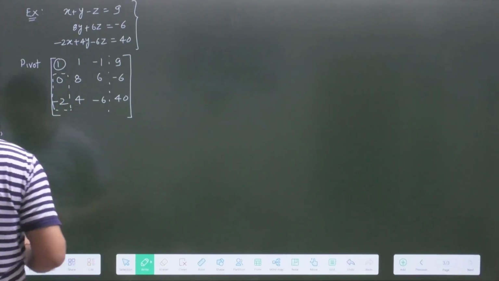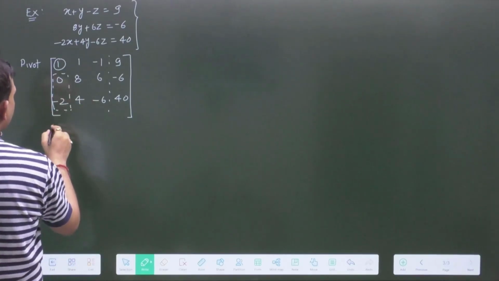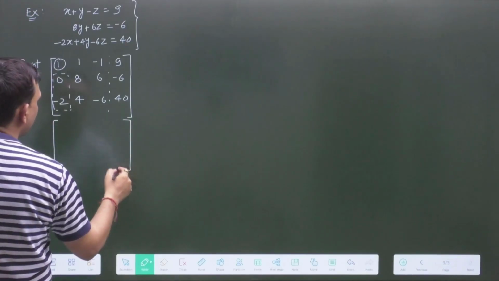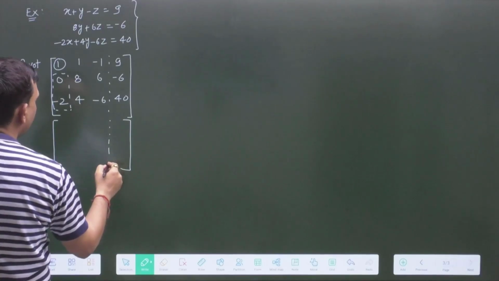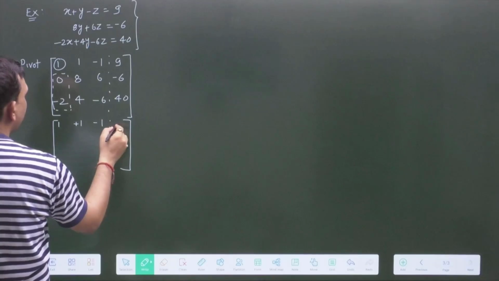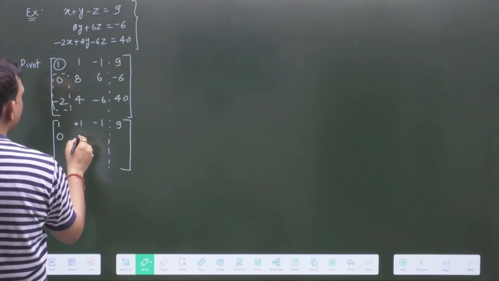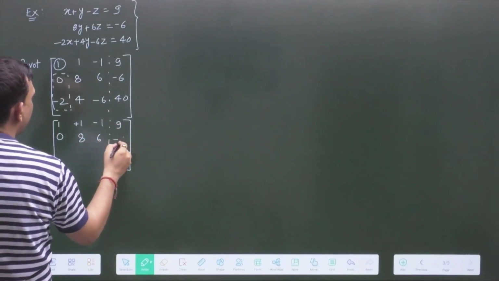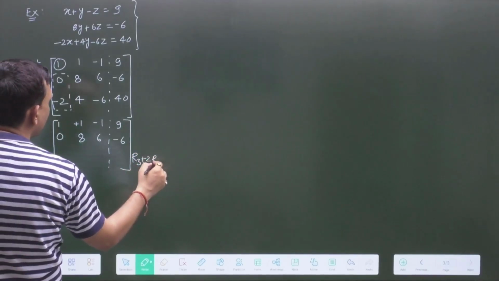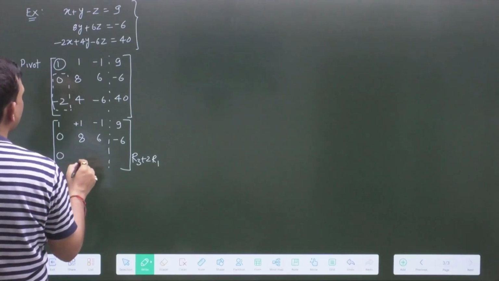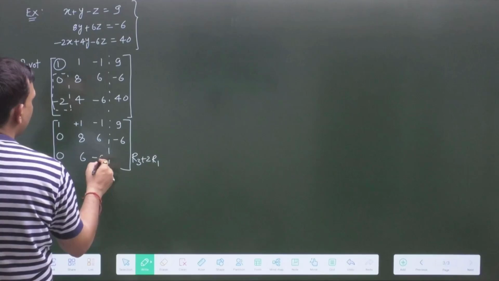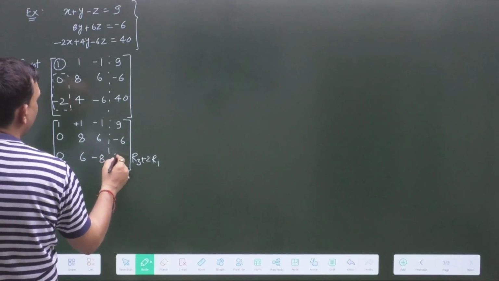So what will be the next step? R3 plus 2R1. So use that condition. 1, 1, minus 1 and 9, 0, 8, 6 and minus 6, and R3 plus 2R1 gives 0, 6, minus 8, and 58.